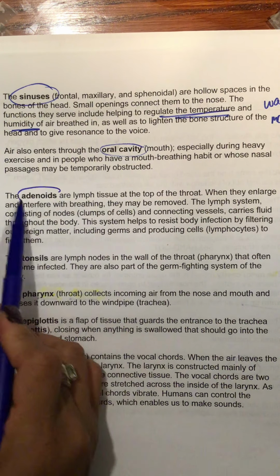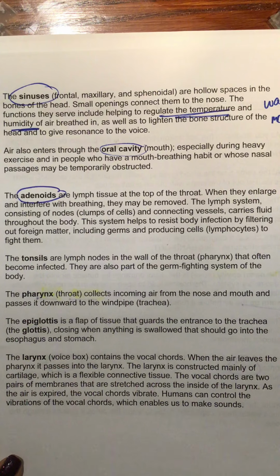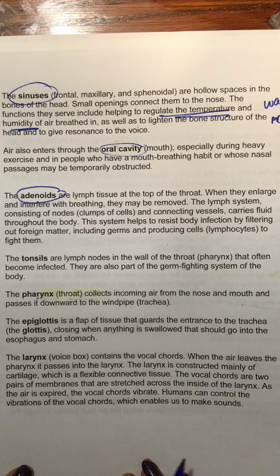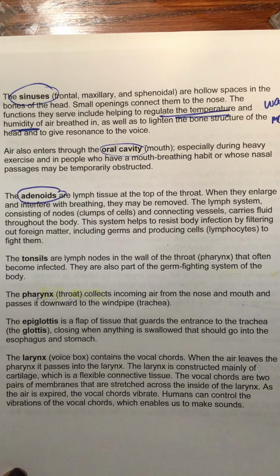The adenoids are lymph tissue at the top of the throat. So this is another structure that is a defense mechanism for our respiratory system. So the adenoids are in your throat. So when you're sick and the healthcare professional that you're seeing looks into your mouth and says, "say ah," then your tongue can be lower and your uvula can sort of get out of the way.